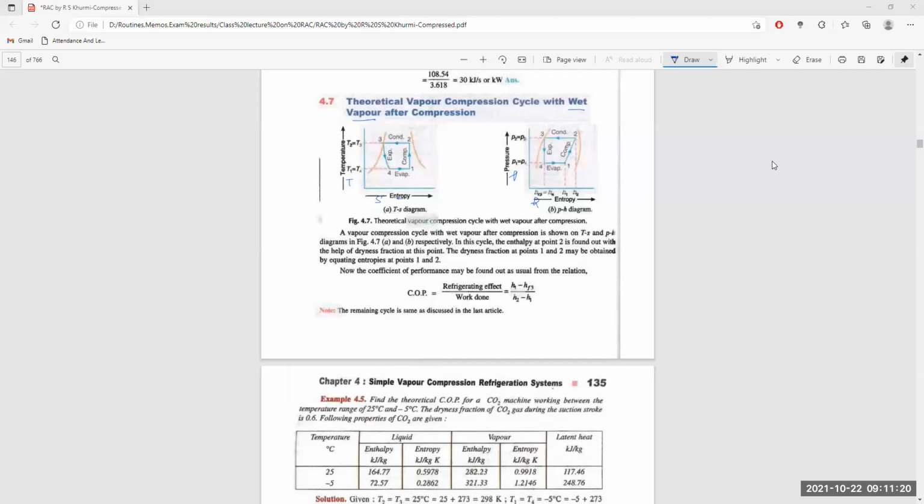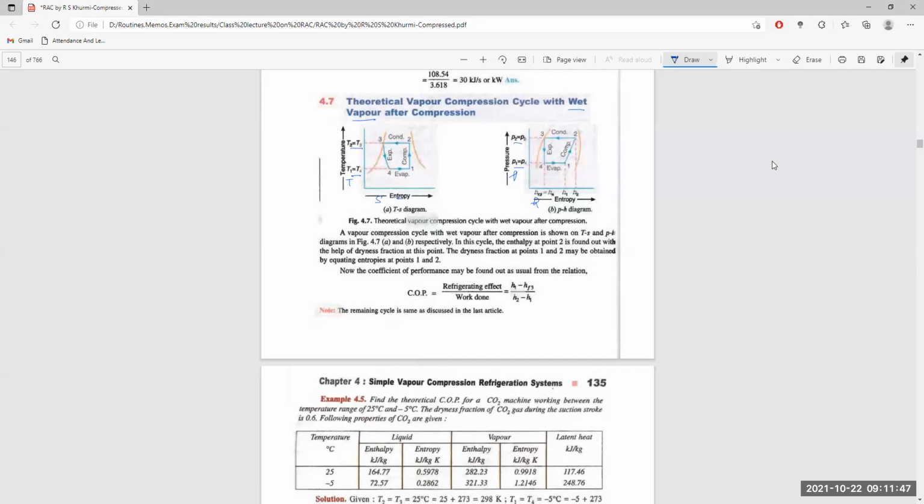And the compression process, from 1 to 2, is an isentropic process because the entropy is not changing from 1 to 2. So far we have discussed that point 2, the refrigerant at the exit of the compressor, lies on the saturation line.